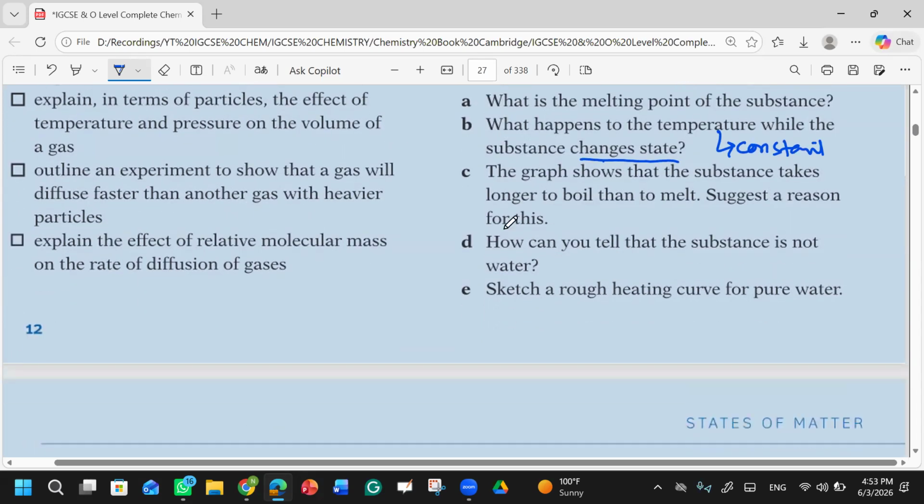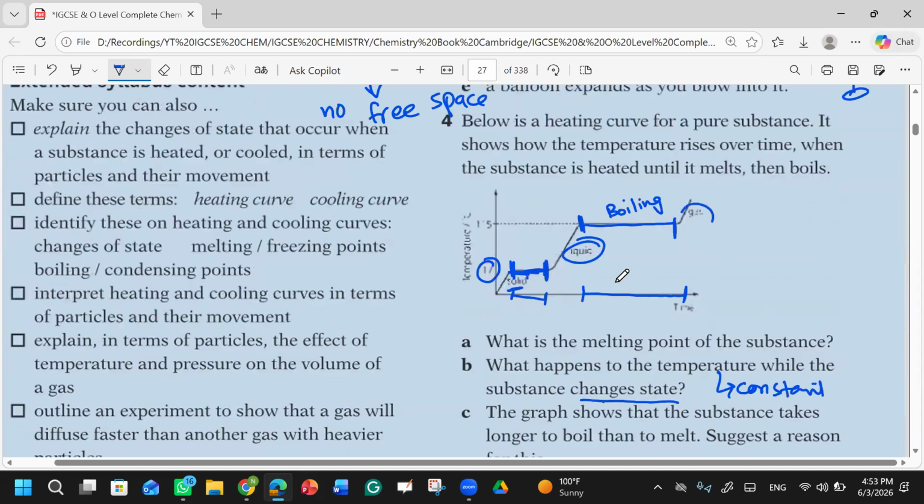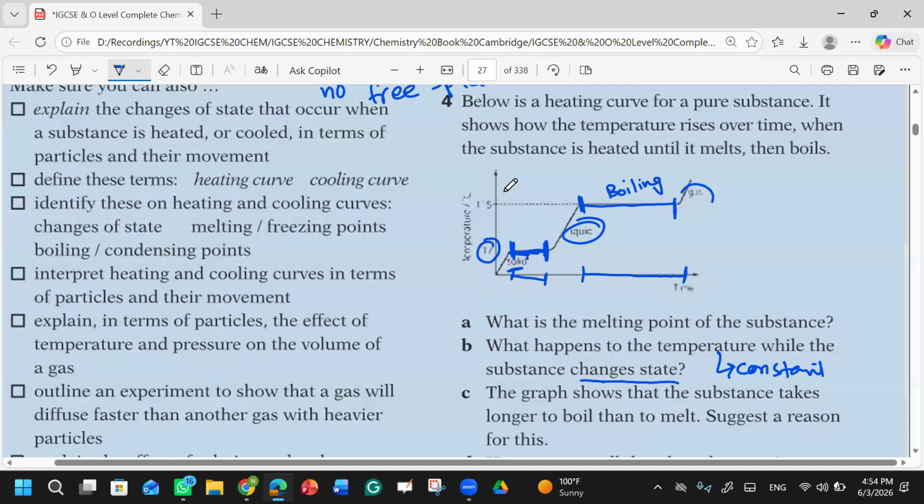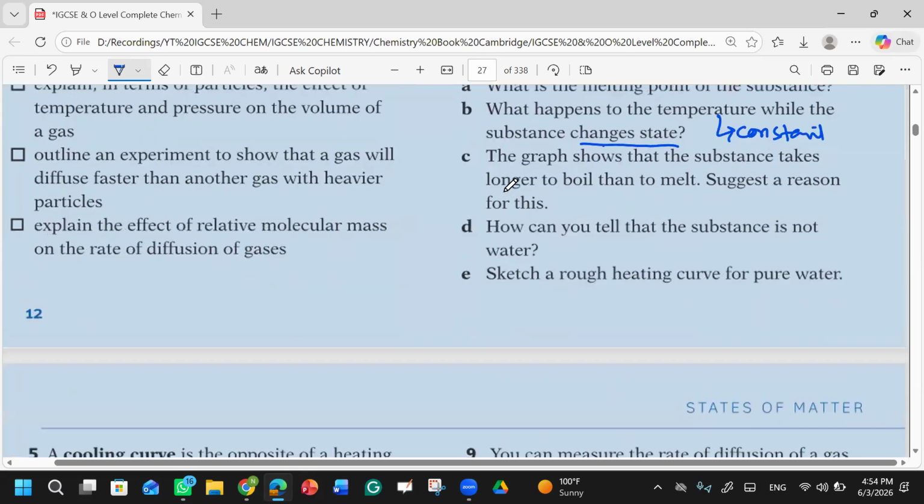Okay, next we have, how can you tell that the substance is not water? By watching this graph, what can tell you?